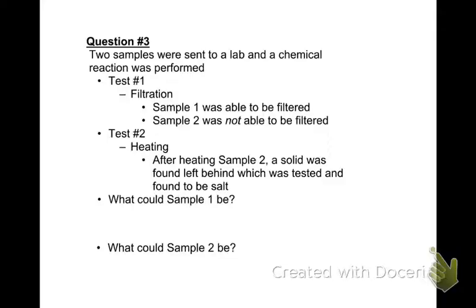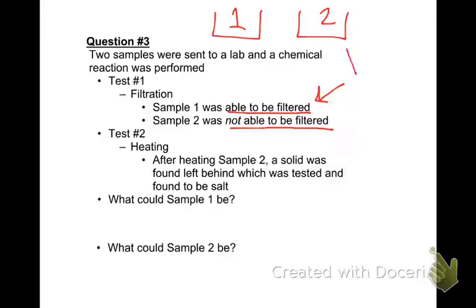They're sent to the lab. Sample 1 over here, sample 2 over there. So test 1 is filtration. Sample 1 was able to be filtered. Sample 2 was not able to be filtered. That tells us right off the bat, if something is able to be filtered, it's able to be separated physically. That means that we're either talking about a heterogeneous mixture or a homogeneous mixture, because physical separation means that it was physically combined.